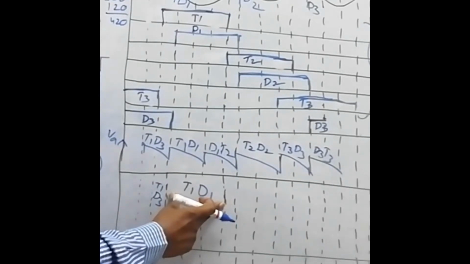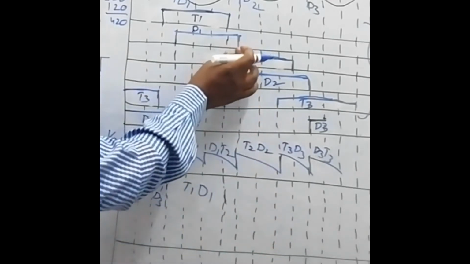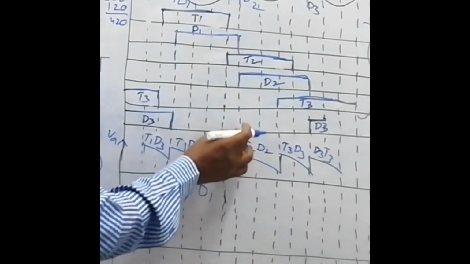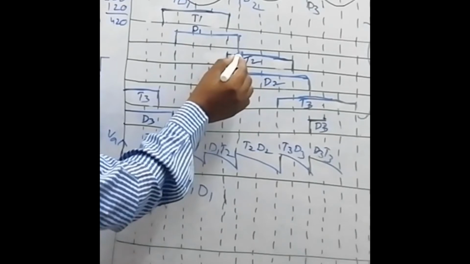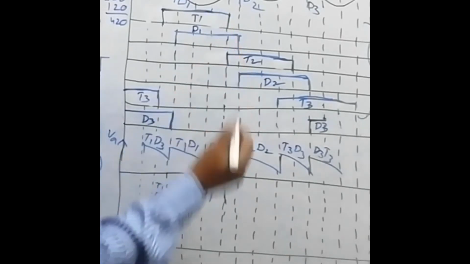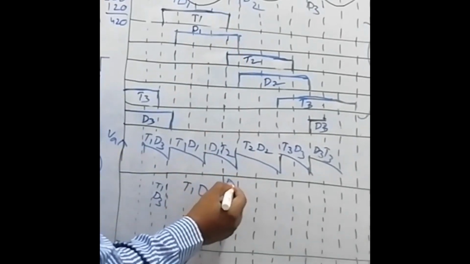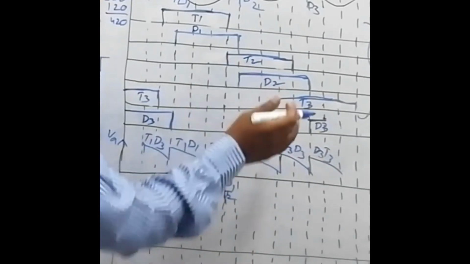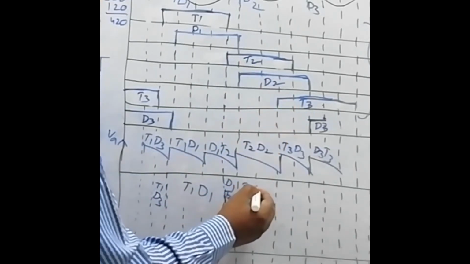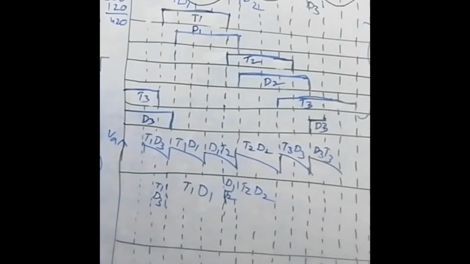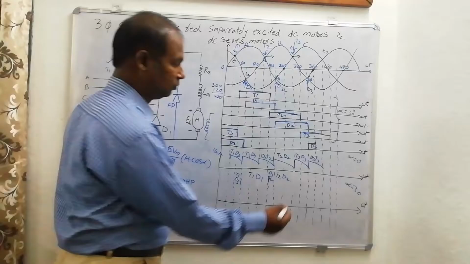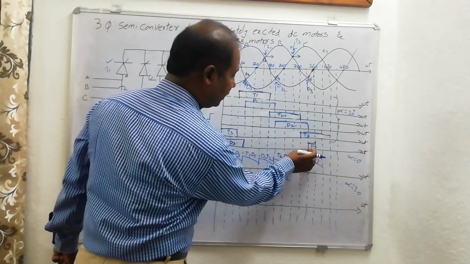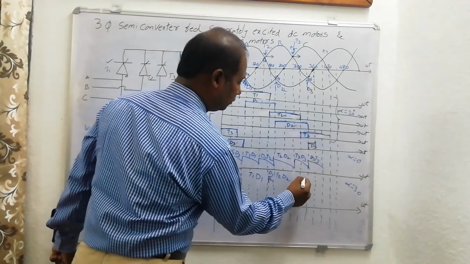Next one, during this period, D1, T2. Next one, T2, D2. Next, during this period, T3 and D2.